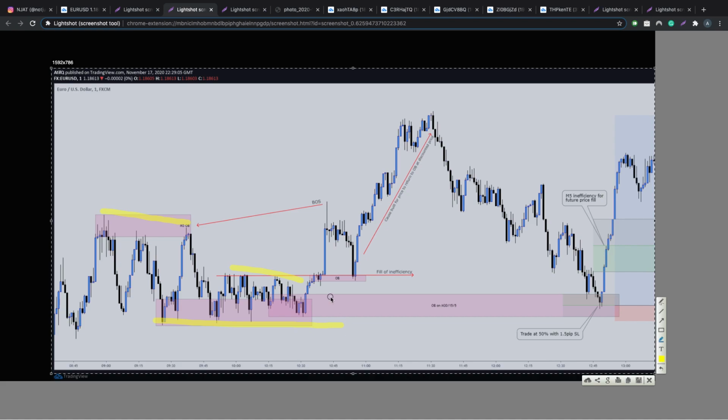Exactly. And then inefficiency. So we've noticed here that you've marked that this here is a fill of inefficiency after we've essentially had that price being contained, that initiation out of that.